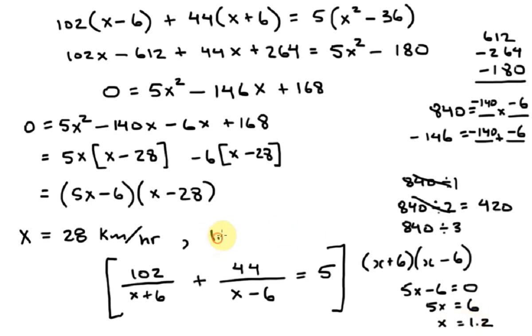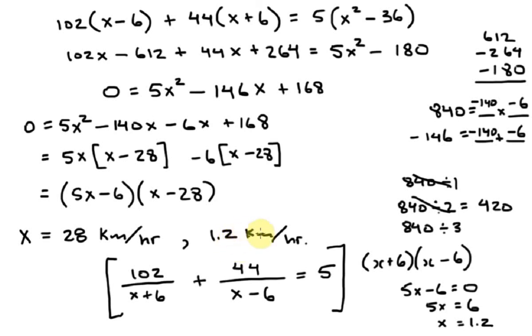Would that be reasonable, 1.2 kilometers per hour? Well, here's the problem with that answer. Remember our current, I deleted it all, but the current was actually 6 kilometers per hour. So when you're going with the current, that's very nice, but when you're going against the current, you're still not making progress.